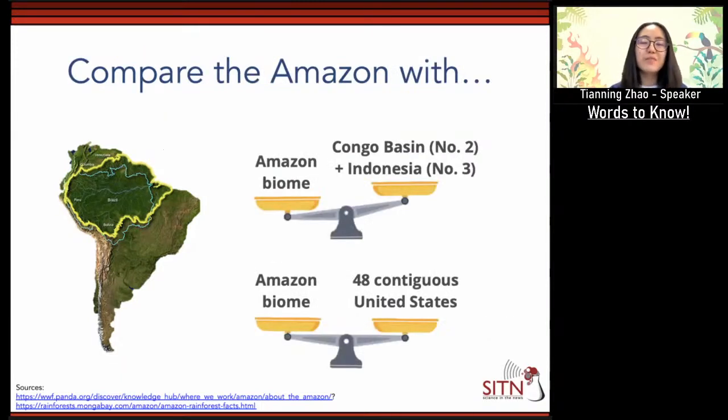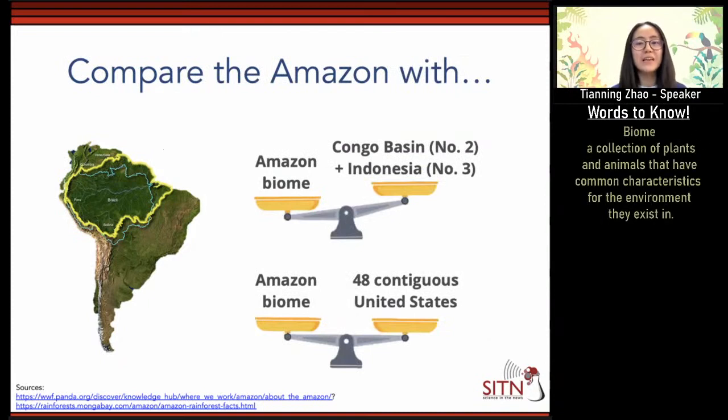And let's do some comparison to make it in a more intuitive sense in terms of how big it is. So the Amazon rainforest is ranked as the number one and is actually larger than the second and third largest rainforest in the world, which is in Congo and Indonesia, respectively.